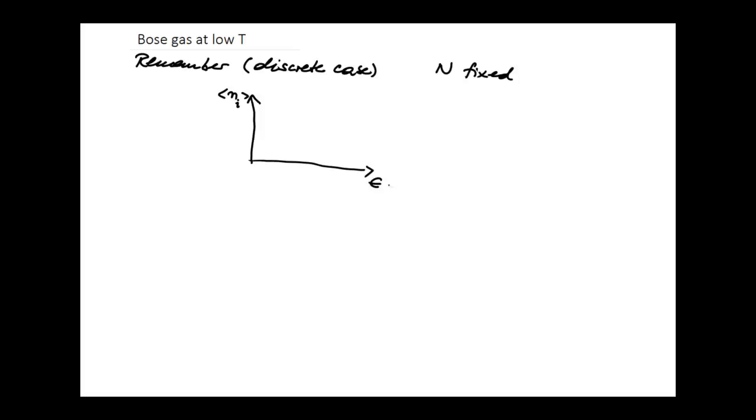So we have discrete levels epsilon_i and an expected occupation N_i of these discrete levels. So let's say here are our very narrowly spaced discrete levels. For a perfect gas, the ground state energy is equal to zero.